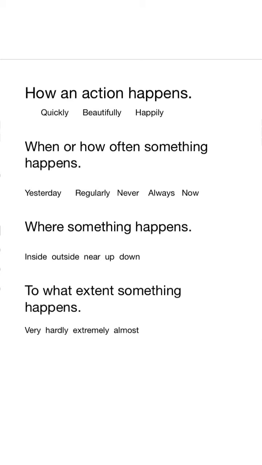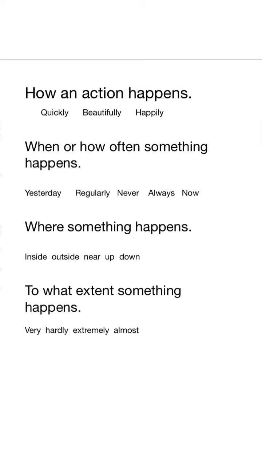Hardly surprising. So the word surprising is an adjective. How surprising is it? It is hardly surprising. Hardly means certainly not. Extremely happy. Almost done. Done is a verb, and the work is almost done.